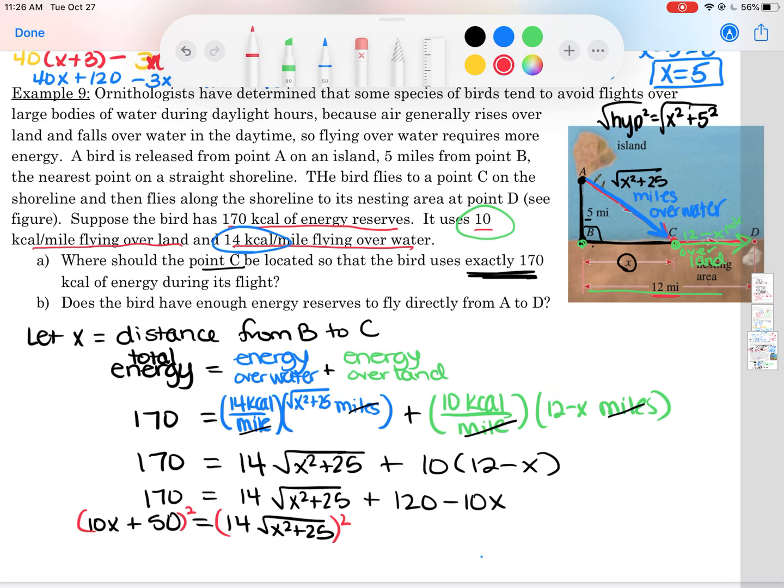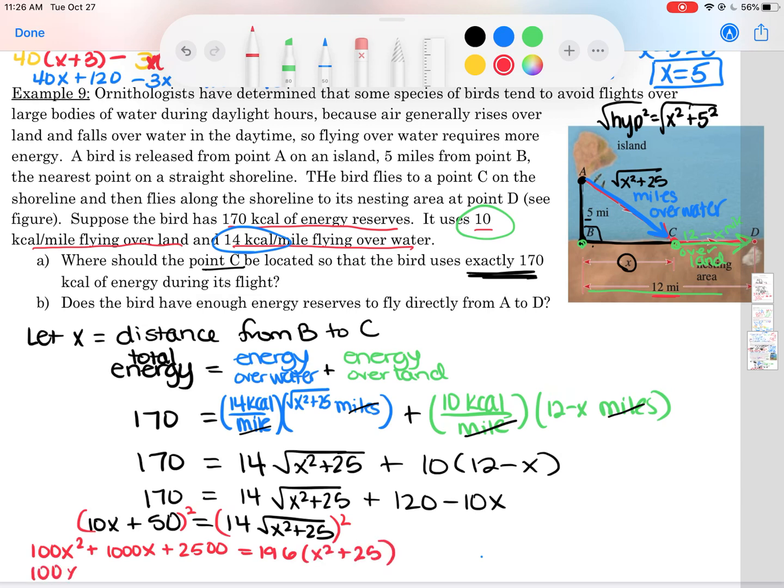So if we square both sides, really we're going to end up doing like 14 times 14 there. All right, so when we square on the left, we're going to have to do some FOIL there. That's going to give us 100x squared plus 1000x, I believe, plus 2,500 is going to equal 14 squared, which is 196 times x squared plus 25.